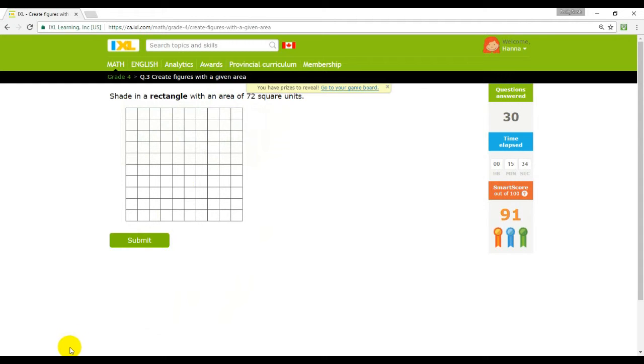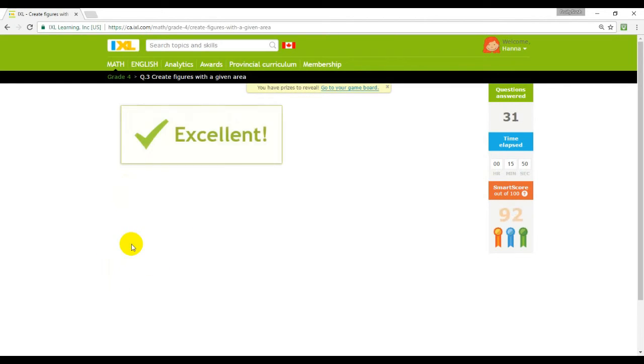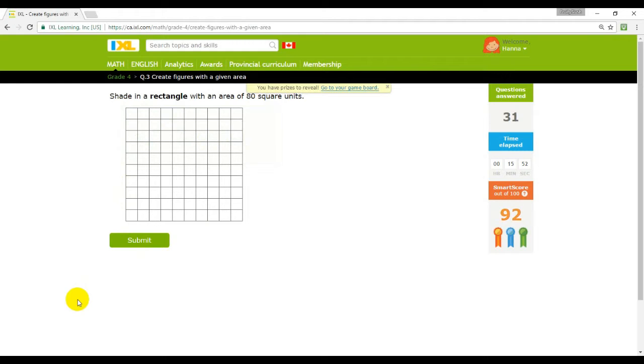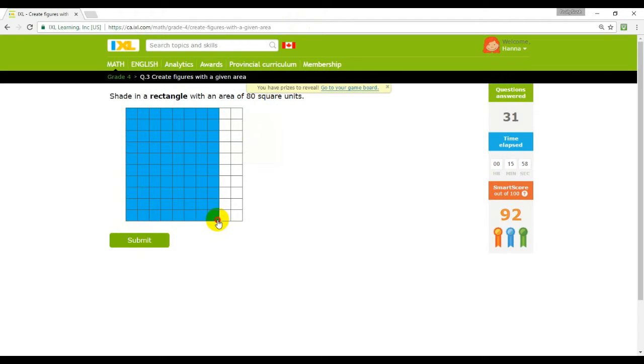That would be 8 rows of 9 or 9 rows of 8s. So I would do 9 rows of 8s just because, you know what I mean. Okay, 9 rows of 8s. Okay, 80, that will be 8 rows of 10s or 10 rows of 8s.